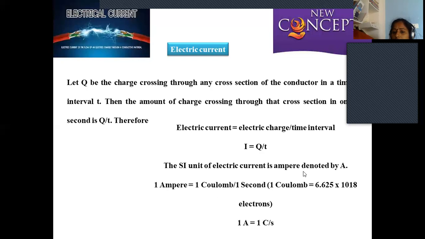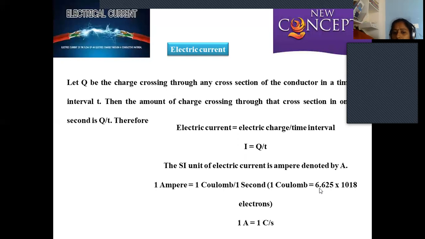Here, the SI unit of electrical current is the ampere. Current is mentioned in amperes and is always denoted with A. 1 ampere is equal to 1 coulomb per second. 1 coulomb is nothing but 6.625 into 10^18 electrons, right? So 1 ampere is exactly equal to 1 coulomb per second, and 1 coulomb is 6.625 into 10^18 electrons.